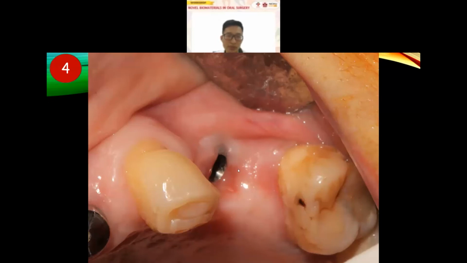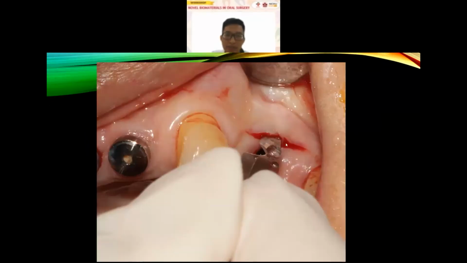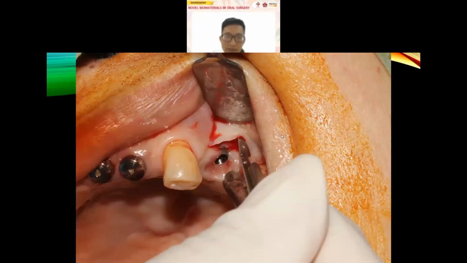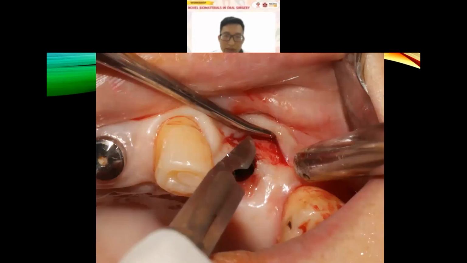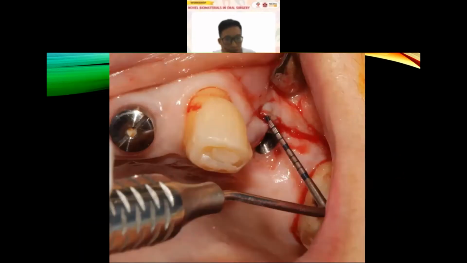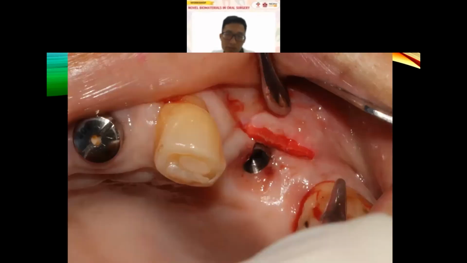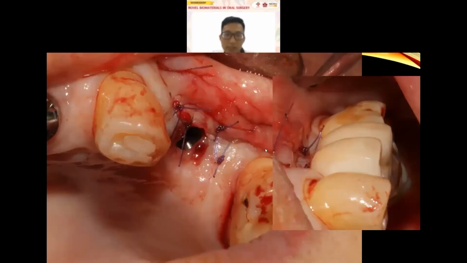So I decided to remove the prosthetic and make some soft tissue grafting in this area with the same technique I mentioned above, making a split technique flap, disinfecting the implant surface, and using the collagen matrix from ACRO company, placing it into the split technique flap and suturing.